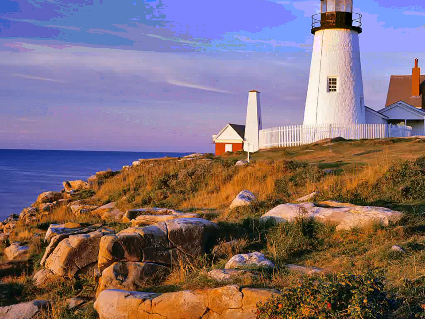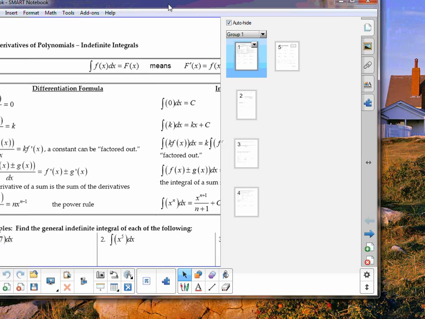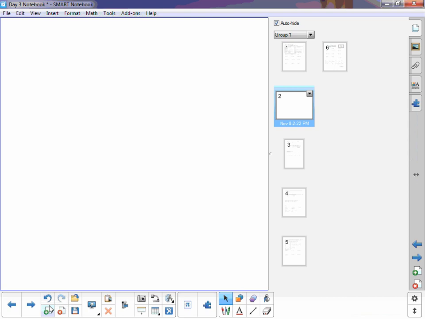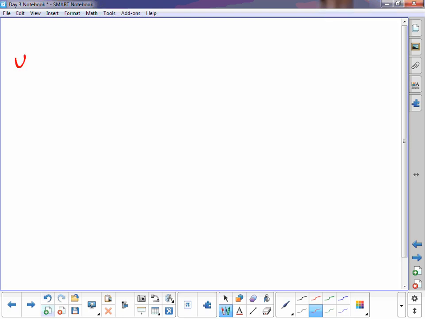Alright. In some space, wherever you want, I want you to do the following. Not integrals, sorry. Alright, I'm going to give you 3. Let's just actually go with 2 derivatives. And I want you to find the function that will give me those derivatives.